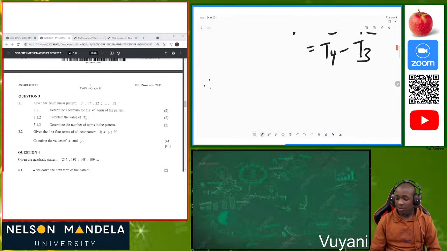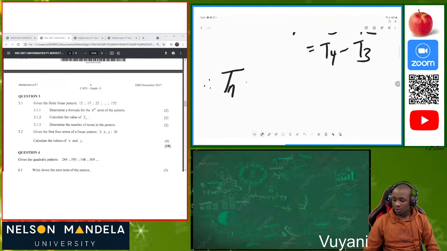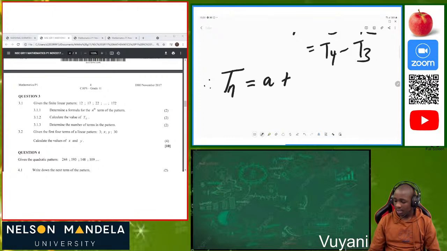The final important thing on the linear sequence is that we have the general term, or the nth formula, which is Tn is equal to a plus n minus 1 times d.